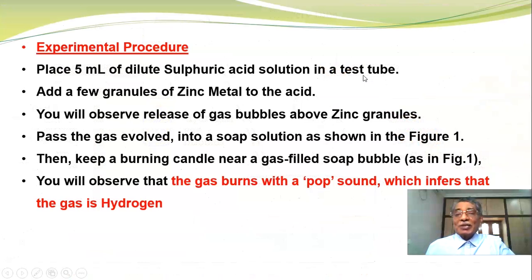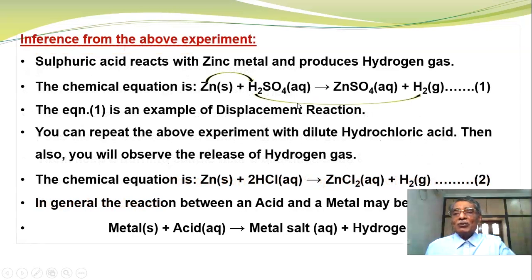So the experimental procedure is given here for you to go through again. Now, what is our inference from the above experiment? Sulfuric acid reacts with zinc metal and produces hydrogen gas.